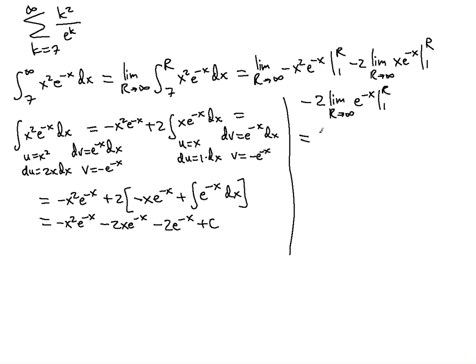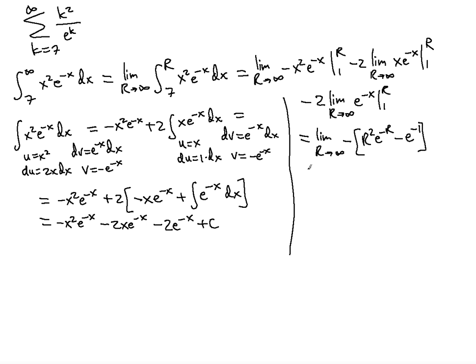The first gives us negative r squared e to the negative r minus 1 squared, which is just e to the negative 1.